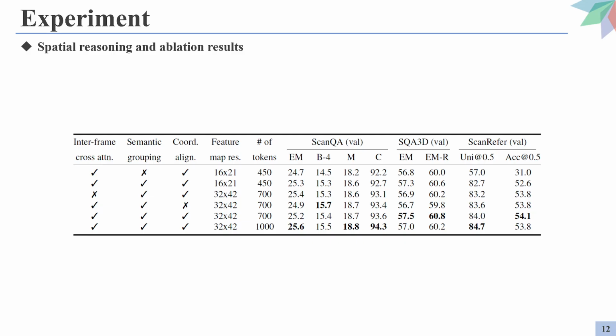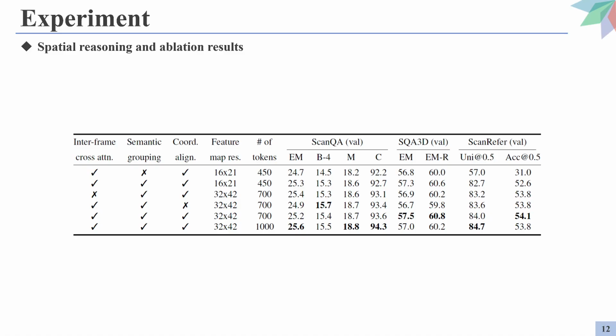This slide presents the results for the main component ablation experiment. It analyzes the effects of semantic grouping, coordinate alignment, feature map resolution, interframe attention, and proxy token length. The most important result is the effect of semantic grouping. When semantic grouping is removed, visual grounding performance drops significantly.